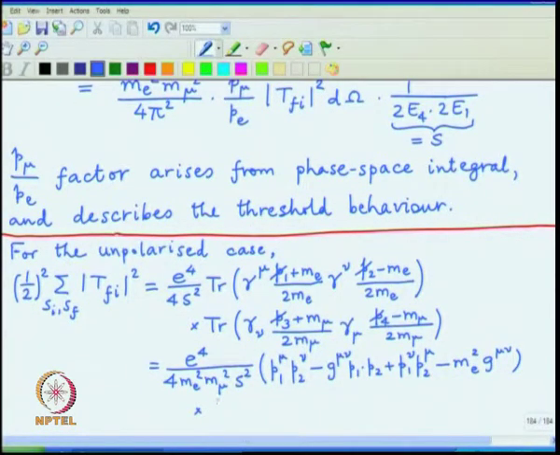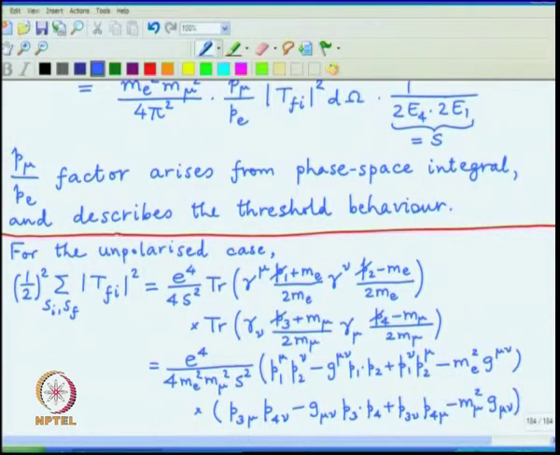So, this is the first factor, and the analogous second factor is easily seen to be of the same structure, which is essentially the same except for the change of labels between electron and muon.